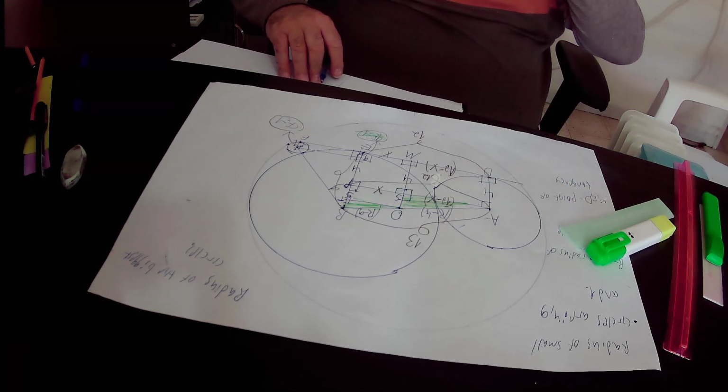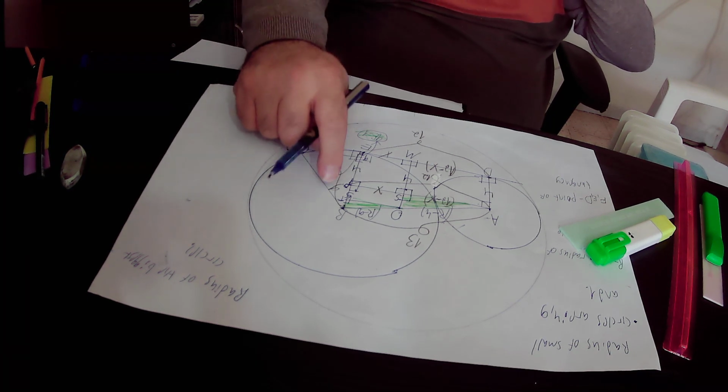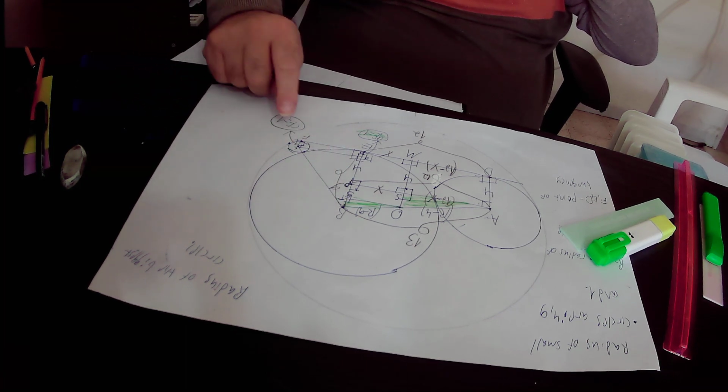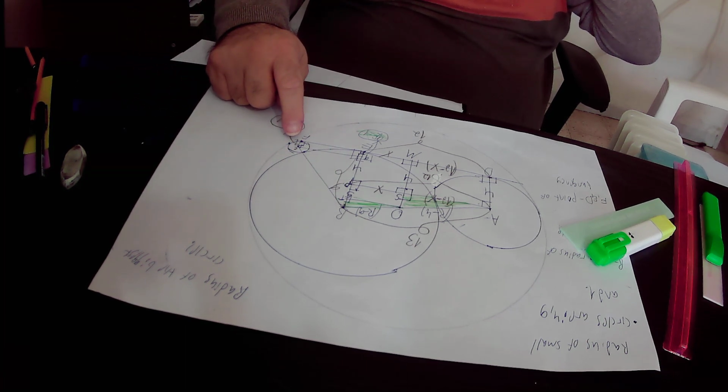We know that B is the center of this circle, whose radius is 9 units. C is the center of the smallest circle, whose radius is 1 unit.